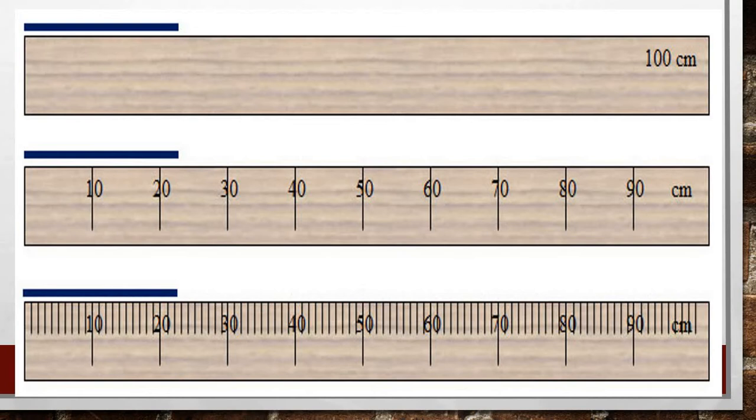If it's broken up into tens, I can take a little bit better guess and say, okay, well, it's probably 0.5 probably, so it's probably 22 centimeters on the second one. On the third one, since it gives me more divisions, I can look and say, oh, it's 22.5. So because of the difference in measuring tools, the difference in the number of significant figures increases.